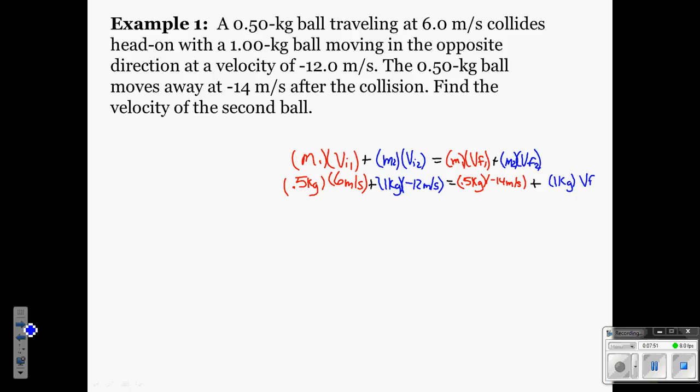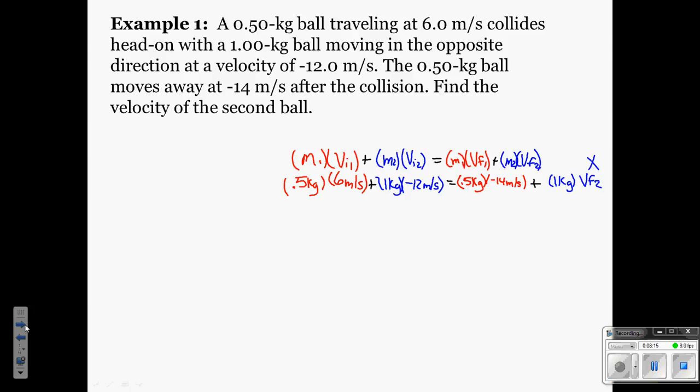So that's my VF2. That is my unknown. So I'm going to shorthand and call that X as we calculate the rest of this problem. All right.